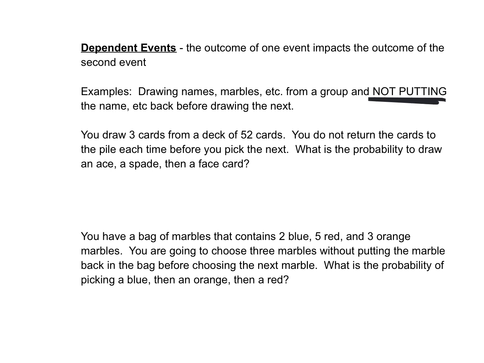So we have the probability of an ace. Well, there are 4 aces out of 52. Okay, the next time, since I did not put that card back into the pile, now I no longer have 52 cards. Now I only have 51, and I'm saying I want to know about a spade. There are 13 spades, and then a face card.